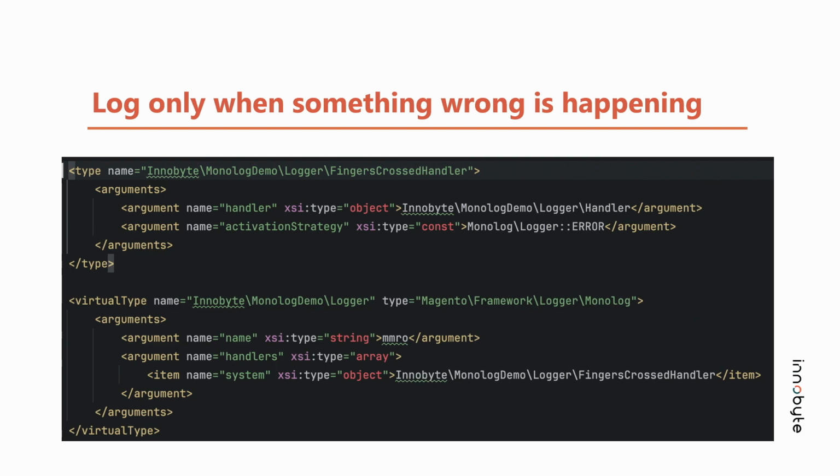And for FingersCrossedHandler, there is, I think, the fourth argument, which says if at least an error event has been triggered, write me anything but not the debug level. So you can specify where to start and what is the minimum level that should be included. And then I have passed the FingersCrossedHandler as a handler for my Monolog.